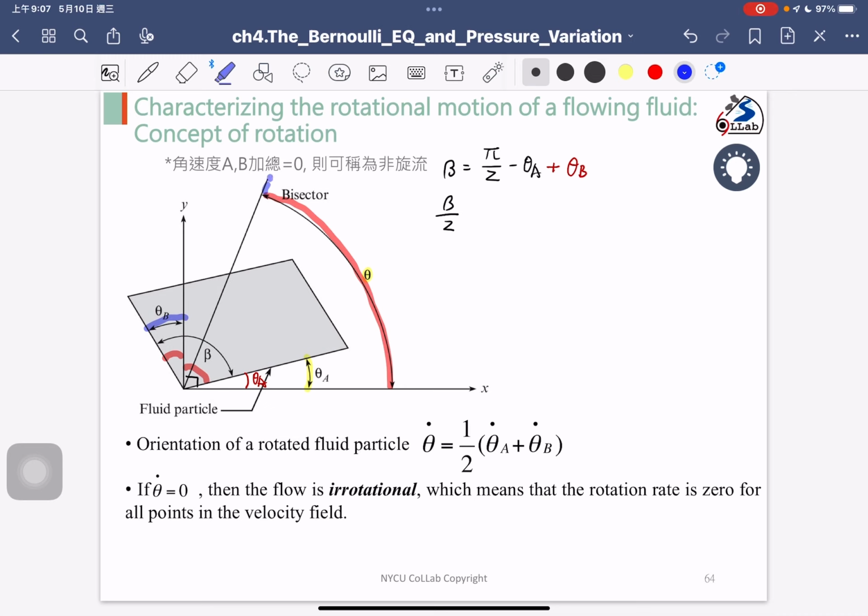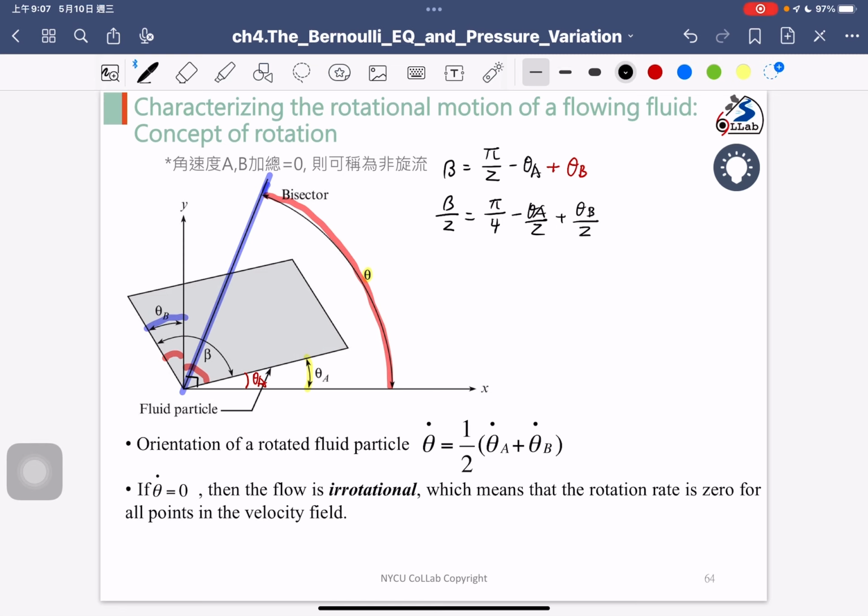That's why we draw the bisector line here, because we want to divide the beta angle in half. So the bisector line is beta over 2, which equals pi over 4 minus theta A over 2 plus theta B over 2. But our final purpose is to define the theta angle.